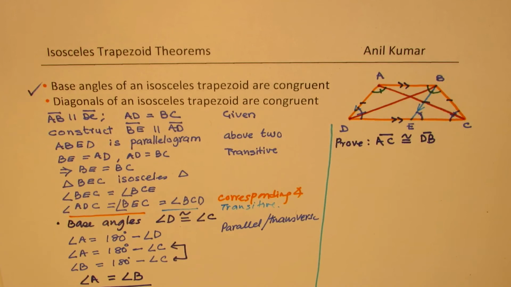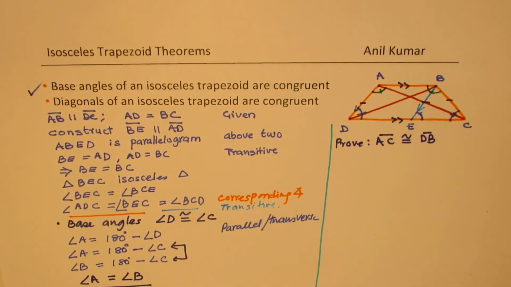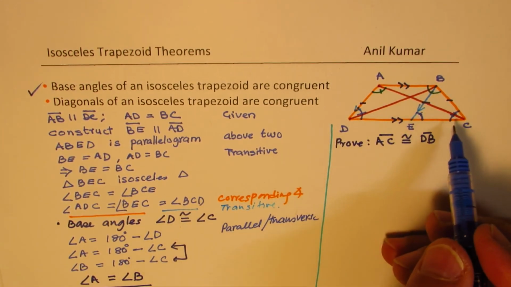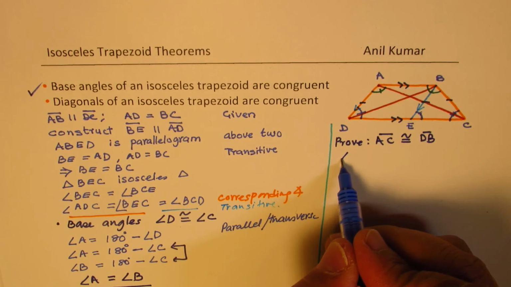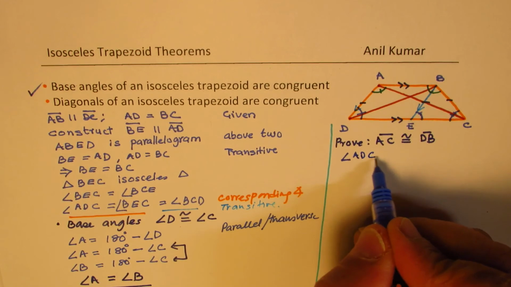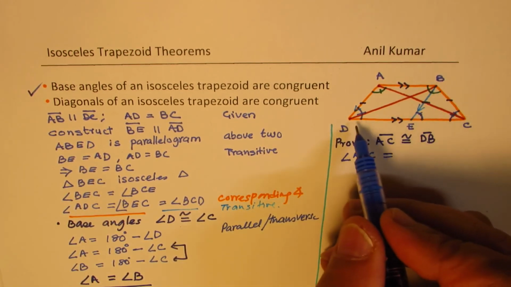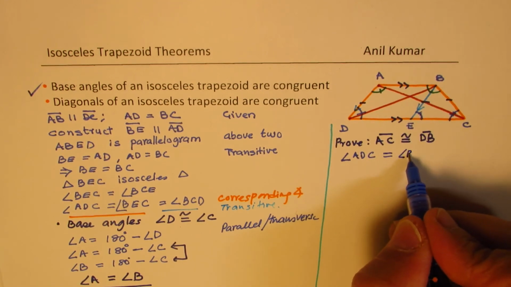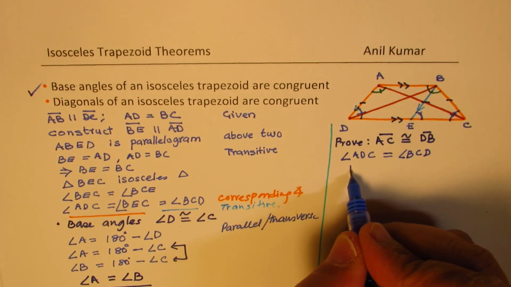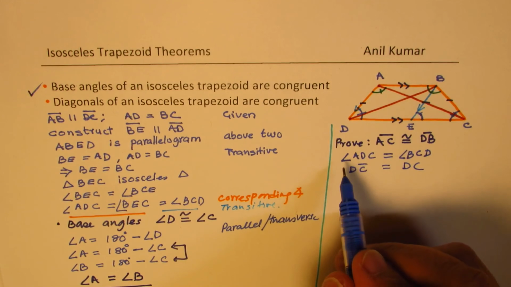Now this can be easily done, especially after we have shown that the base angles are congruent, right? So what we have already shown is that the angle ADC is equal to the angle BCD, right? And from here we know DC is equal to DC, right? This side.